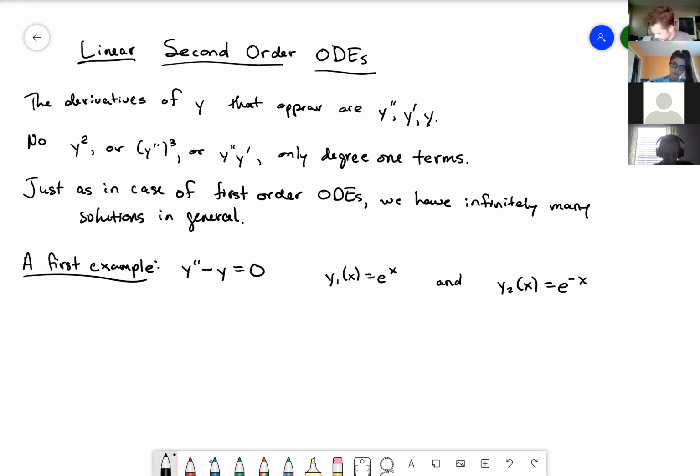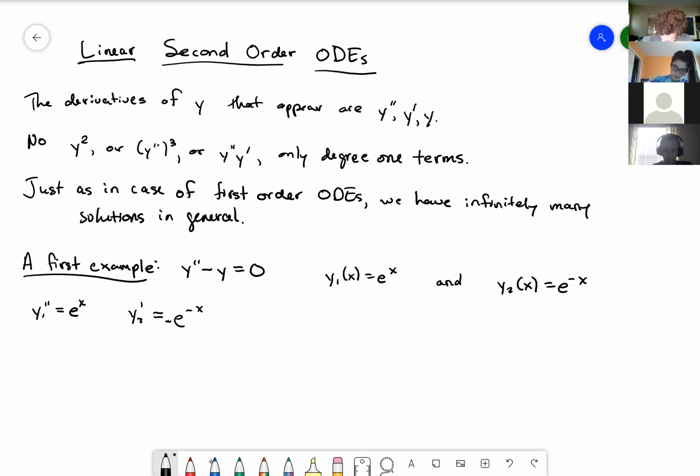And these are really easy to check. We know that y1 double prime is equal to just e to the x. We just take the derivative of e to the x twice. For y2, it's almost as easy. We take the first derivative of this, we get e to the minus x times the derivative of what's up top, so that's minus 1.